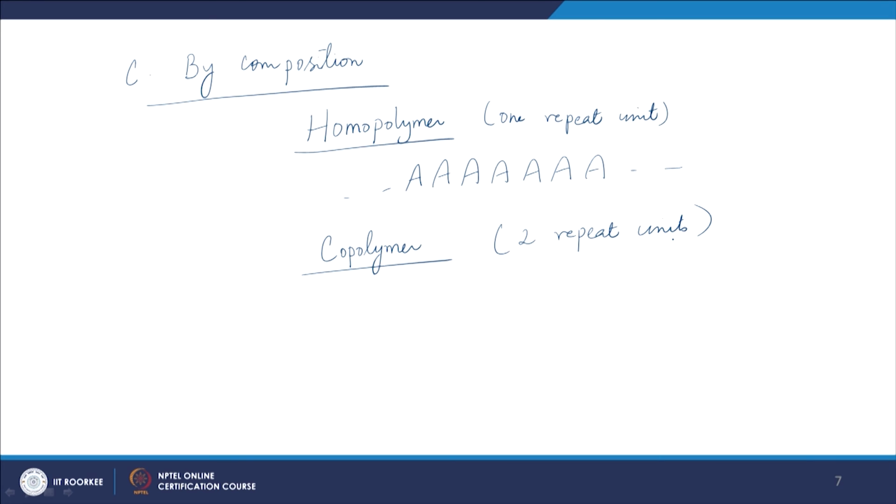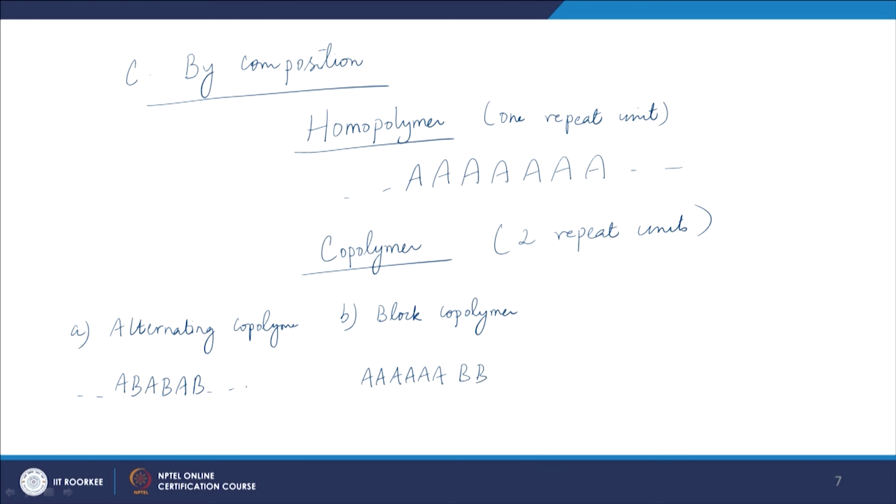It can be, for example, an alternating copolymer, that is like AB, AB, AB and so on. It can be, for example, what is known as a block copolymer. So now you have a certain number of A's followed by a certain number of B's, again a certain number of A's and so on.